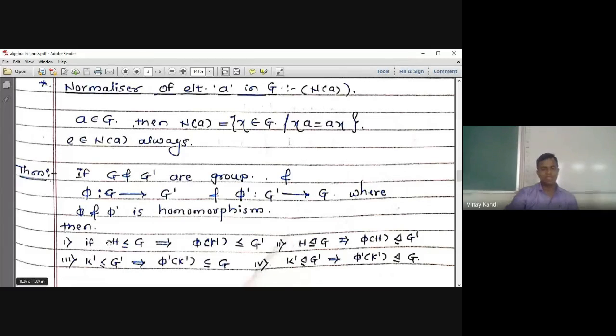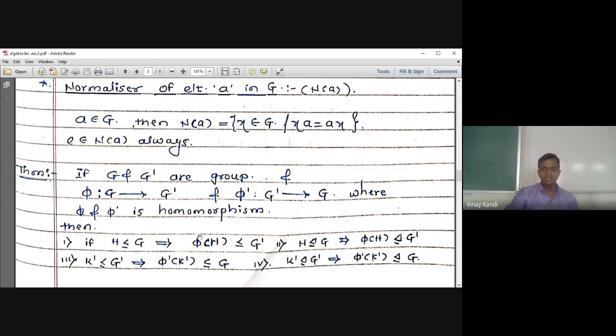If H is the subgroup of G, it implies phi of H is the subgroup of G dash. Look here. If H is the subgroup of G, means in the first phi from G to G dash, so the image of phi of H is in G dash.